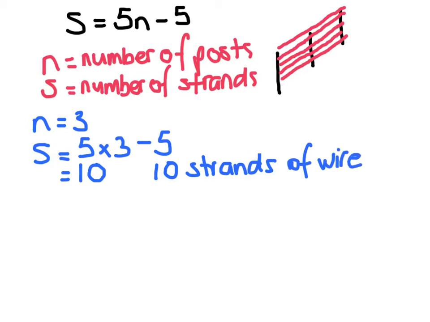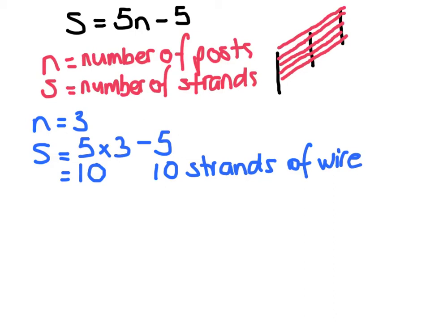Okay, so I've used this up here, S equals 5n minus 5. When n equals 3, 5 times 3 is 15 minus 5. Okay, how about if a fence has 10 posts? How many strands of wire will the fence have? Okay, this time it has 10 posts.